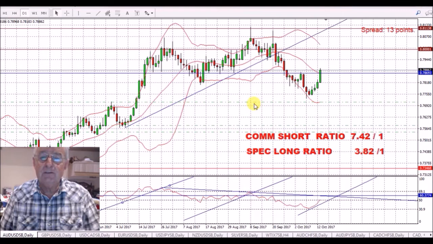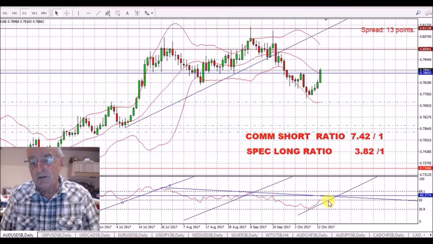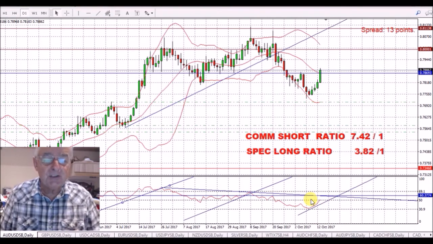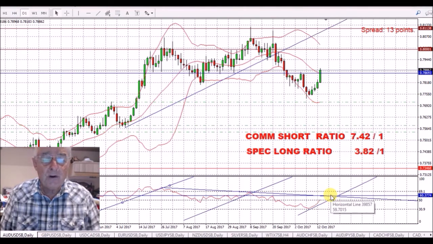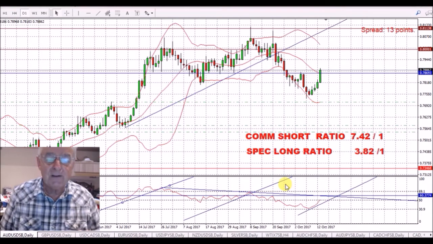We had a sell signal here indicating this big long fall that we've had, and quite recently we've had a rise in the price of the Australian dollar, which is just going through the 50 here, and I'm expecting it to turn back down and cut through the trend line, which will give us another sell signal because we have an extreme position of short the commercials and long the non-commercials on the Commitment of Traders report, and this should be quite a long sustained downward trend, which is always very profitable.